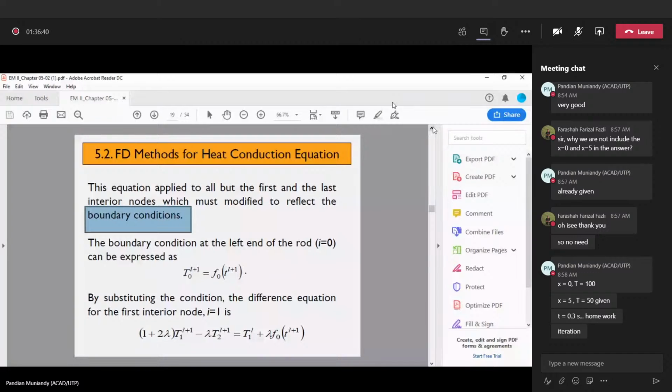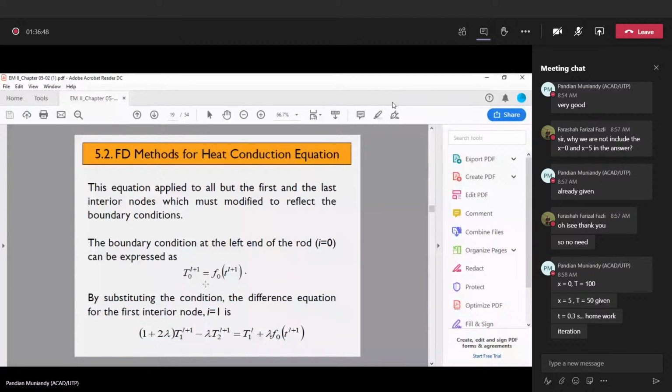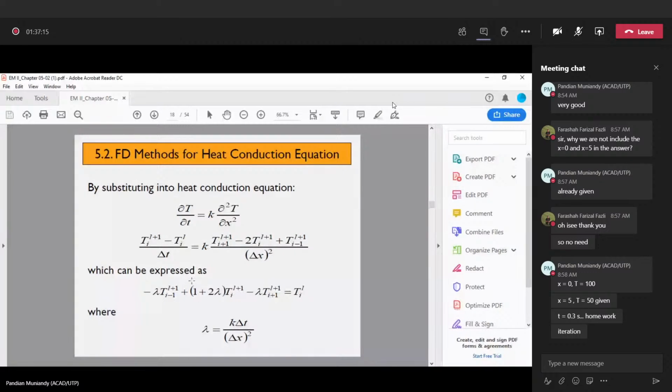That is why it says L plus 1, the advanced time level. So T superscript L plus 1 subscript 0 equals F0 of T superscript L plus 1. But by substituting this condition, the difference equation for the first interior node, I equals 1, just now at X is 2 cm, has 1 plus 2 lambda, and this term goes to the left hand side.